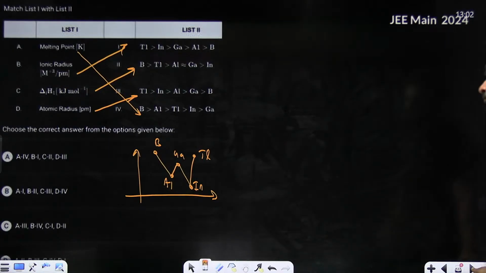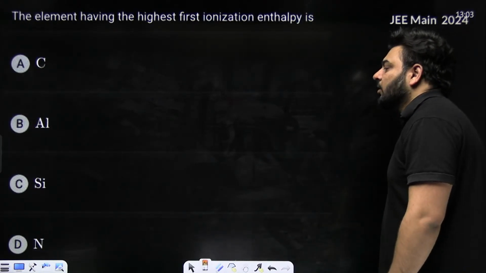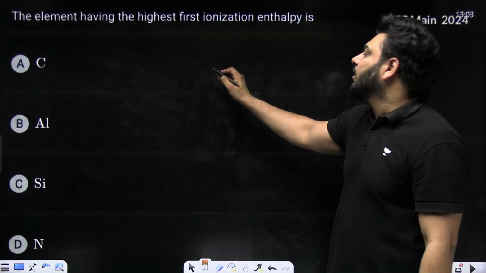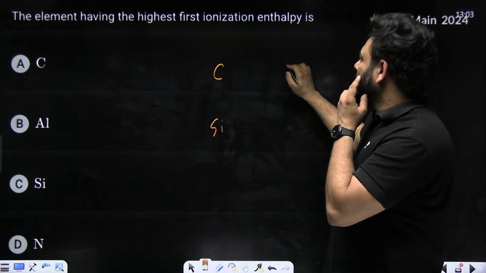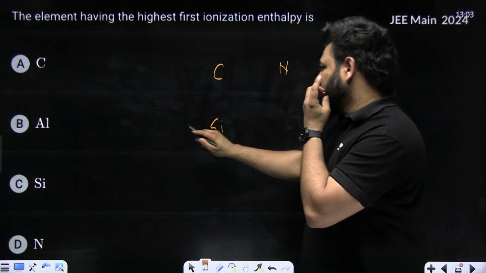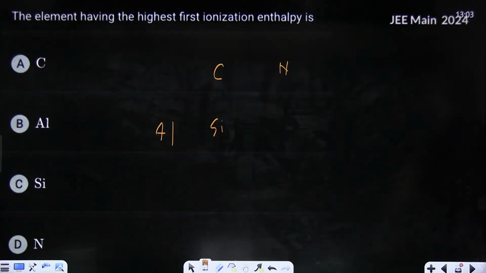Try the next question. Element with highest first ionization enthalpy. Carbon. So we have this arrangement: carbon, silicon, and then we have nitrogen. Then we have aluminium. So ionization enthalpy left to right increases, and down the group decreases.